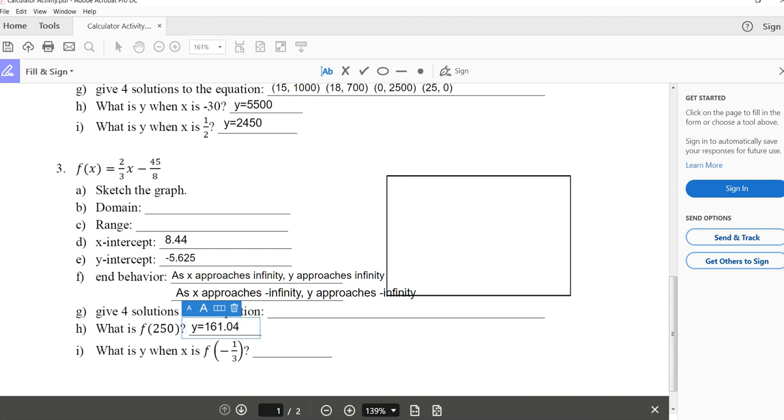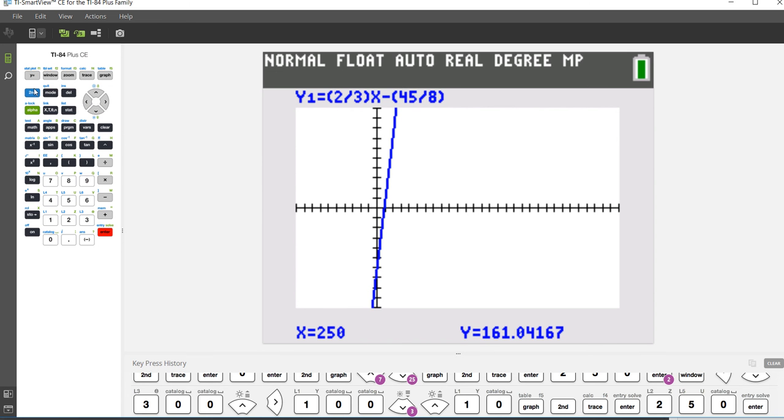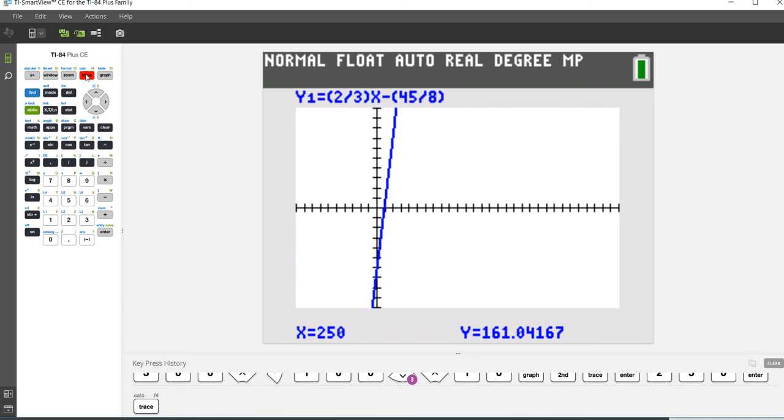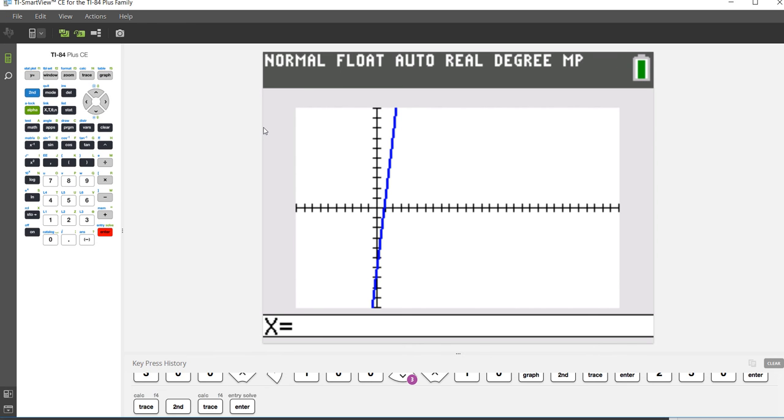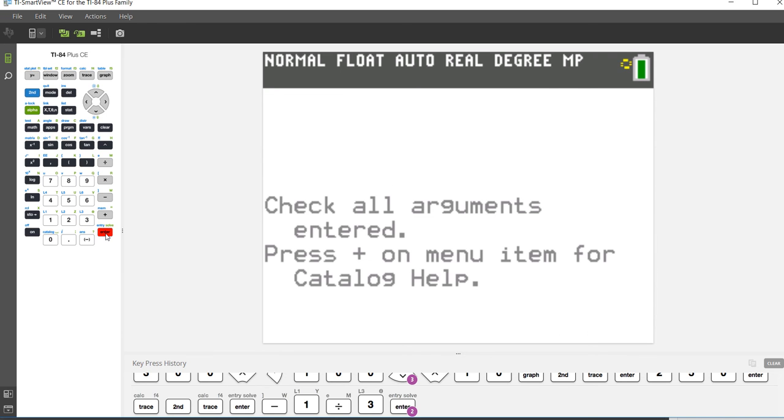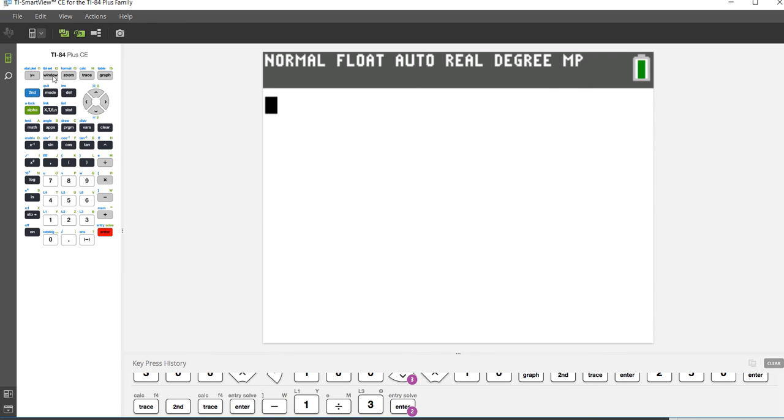Same thing, go back to my graph. Second, calc, value, when x is negative 1/3, so 1 divided by 3, enter. Oh, why is that not working?